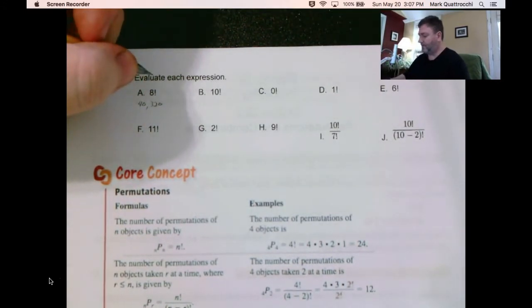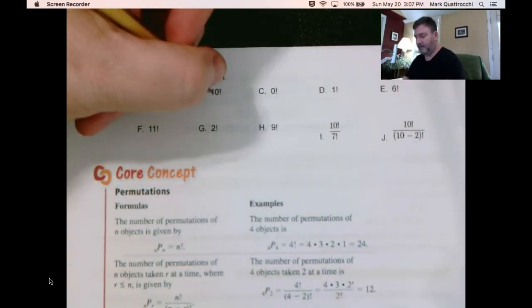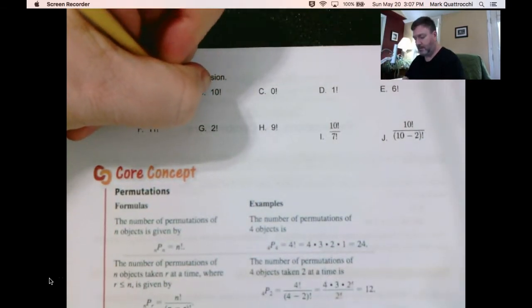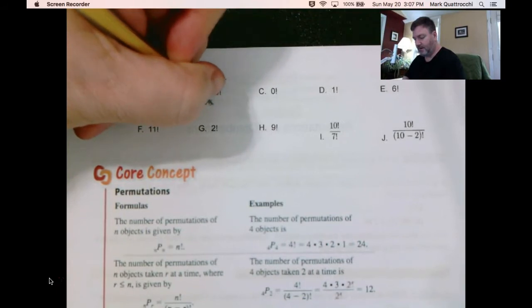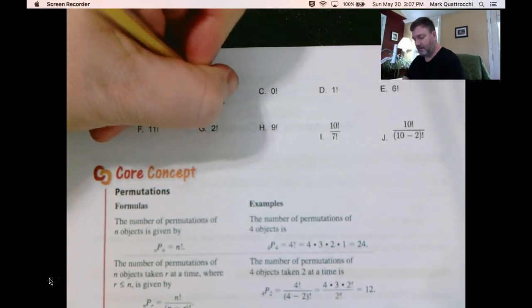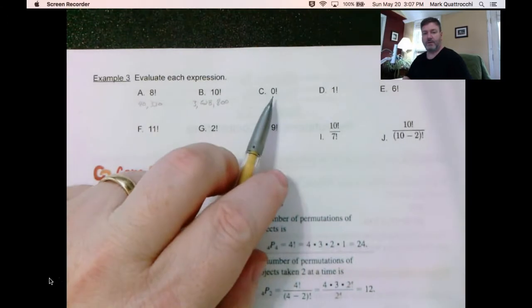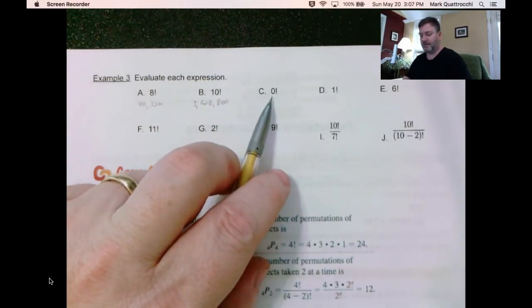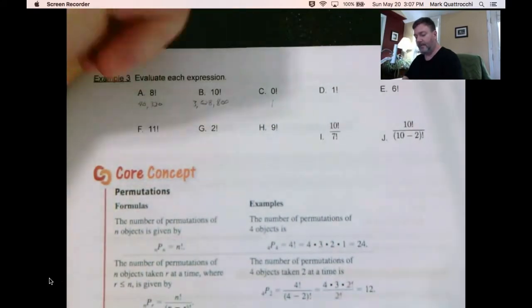10 factorial is 3,628,800. Now this is going to look weird and you're going to be confused. You're probably going to assume that 0 factorial is 0, but it's not. If you do it in your calculator, 0 factorial is actually 1.